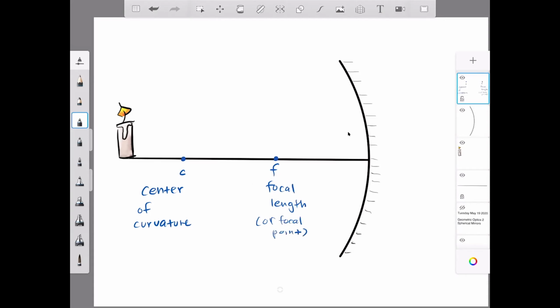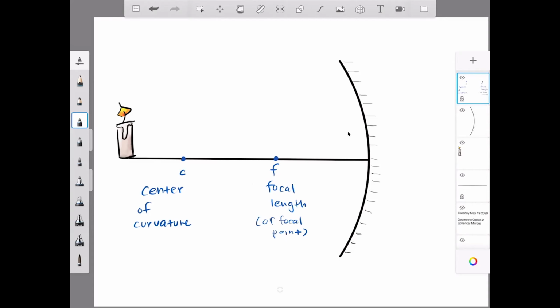Now, the center of curvature is located exactly at the radius of the sphere that this mirror is cut from. And halfway between that is going to be the focal length. So let's say your center of curvature is 5 centimeters, your focal length will then be 2.5 centimeters, right? Exactly half.